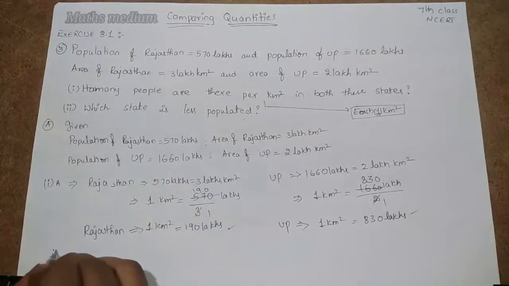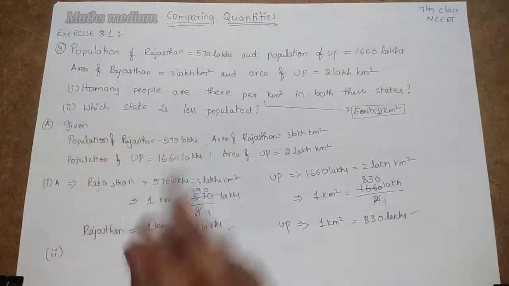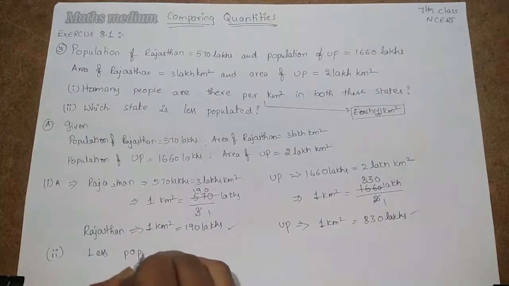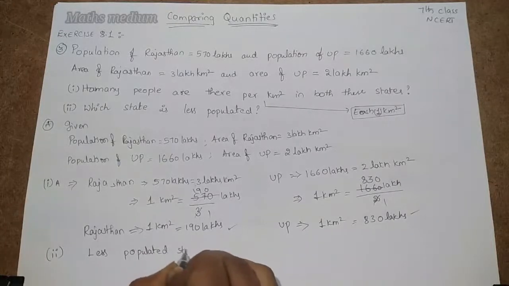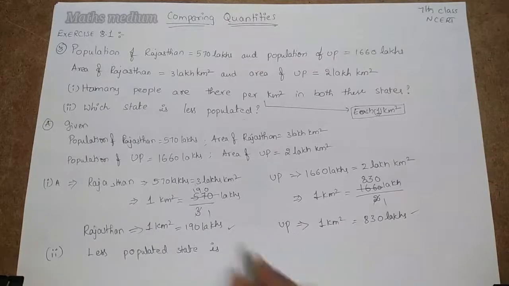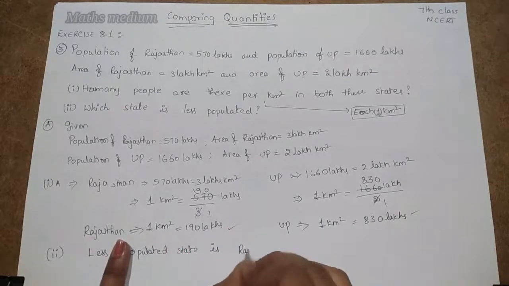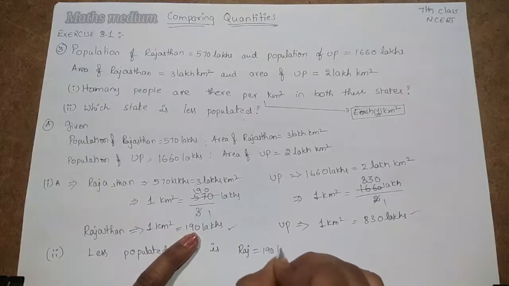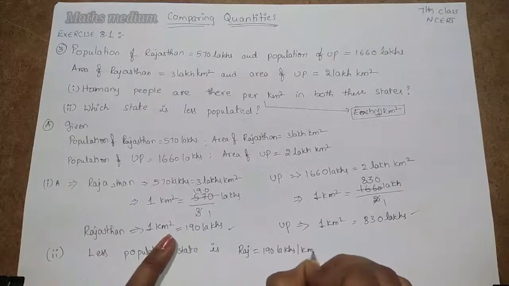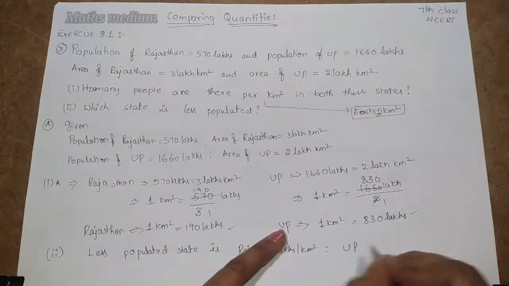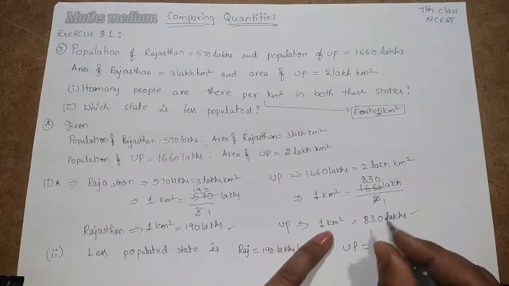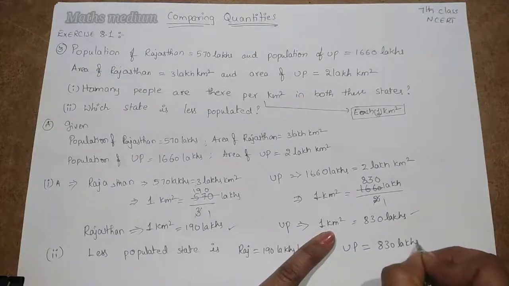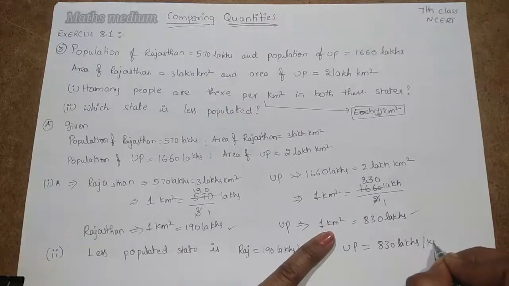Next, the second one's answer: which state is less populated? If you see, this is Rajasthan, that is 190 lakhs per kilometer square, and this is UP, that is equal to 830 lakhs per kilometer square.